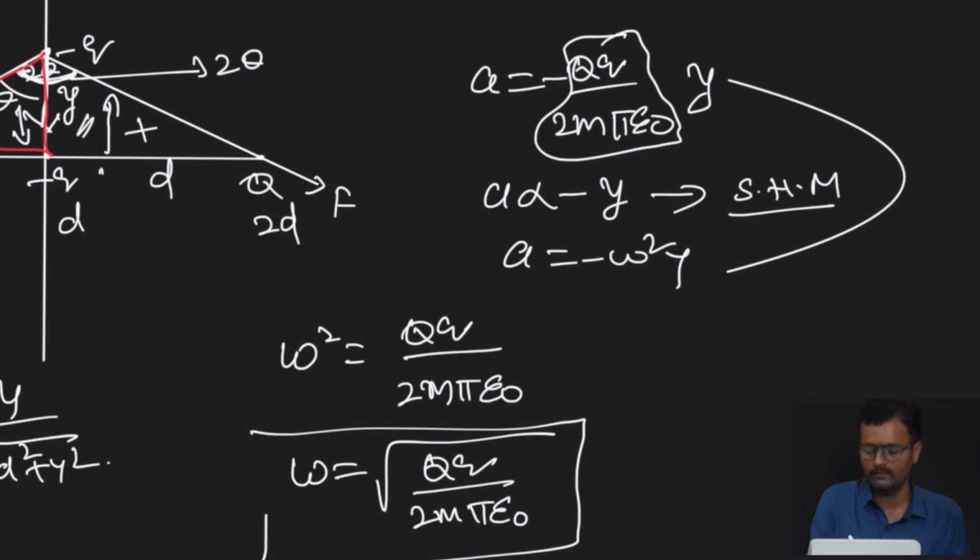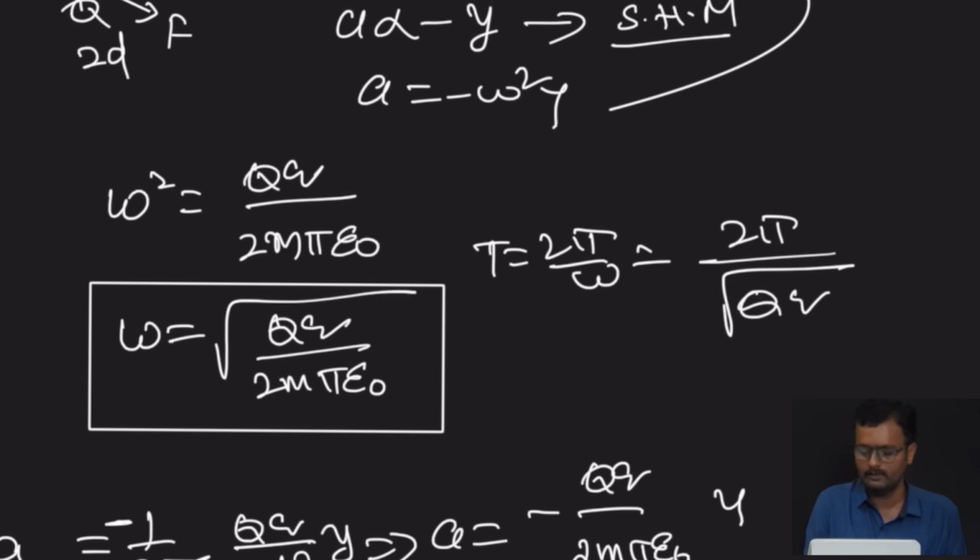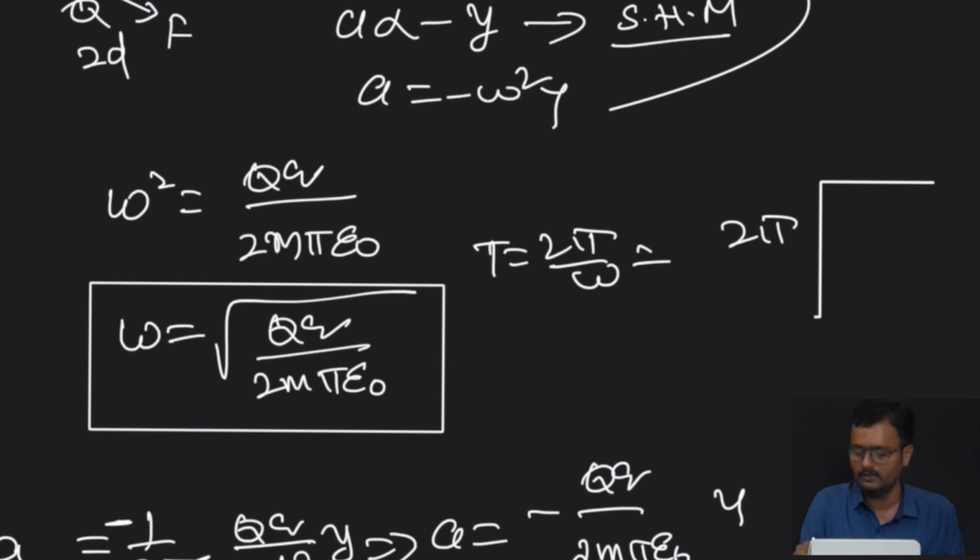This is the angular frequency of oscillation. What is the time period? Time period is 2 pi by omega, so that is 2 pi by square root of Q by 2m pi epsilon naught, which gives 2 pi times square root of 2m pi epsilon naught by Q. This is the time period.